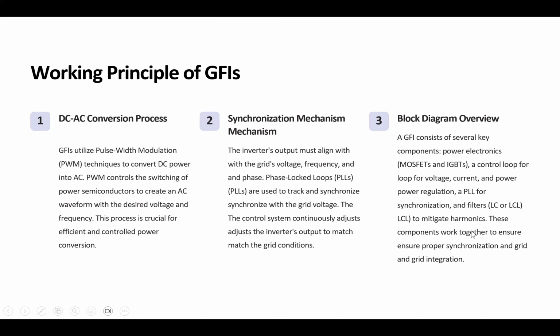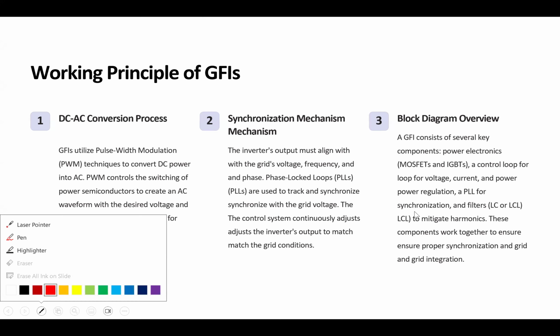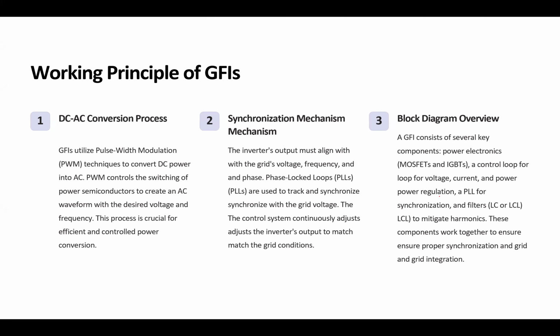This block basically orders the frequency to this block. And four, at the end, the filter to damp the harmonics, because we want fewer harmonics in our system. Any questions so far?